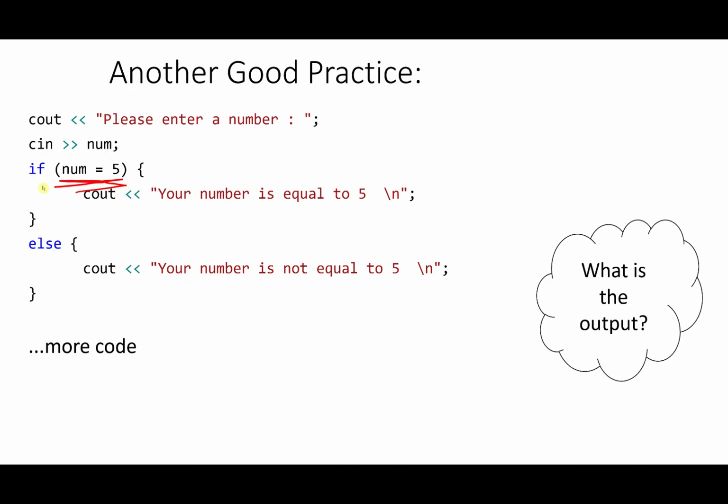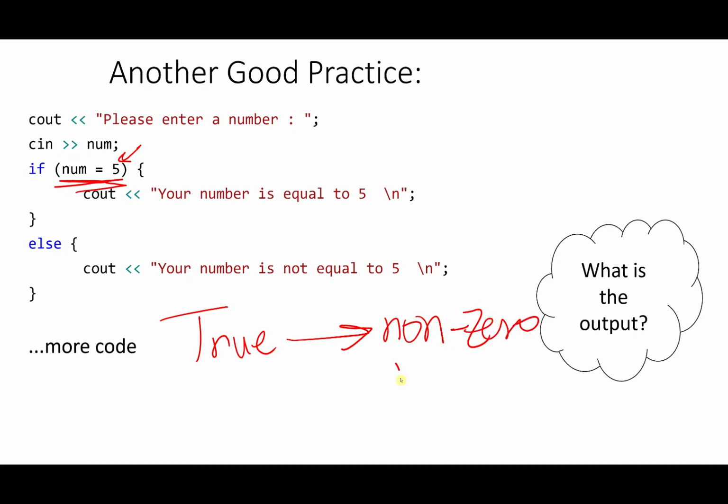And the result of the if statement is dependent on what you're assigning. So if you're doing num = 5, then this is always going to be true, because 5 is a non-zero number, and you know that true is equal or equivalent to any non-zero integer.